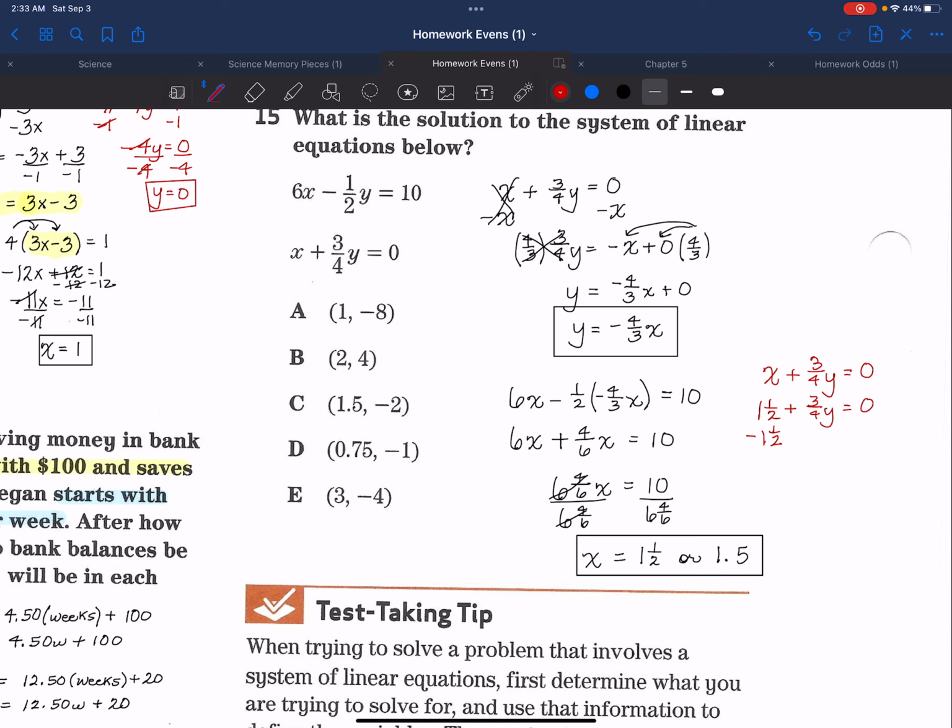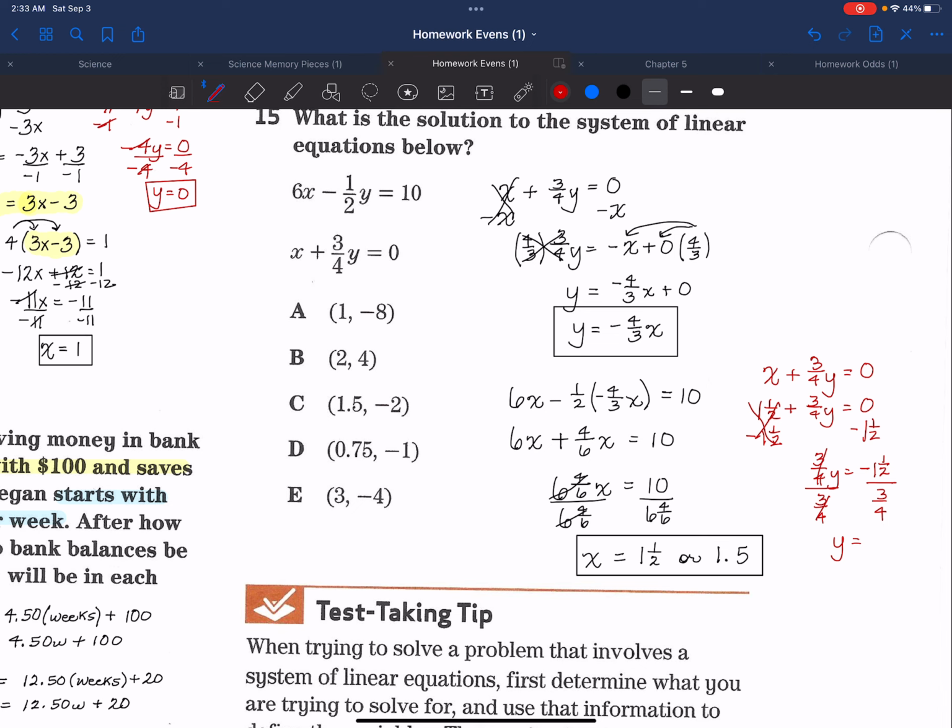Move the 1.5 over to the constant side. And so you're left with 3/4 y equals negative 1.5. Let the calculator divide both sides by 3/4, and you will have your y value.